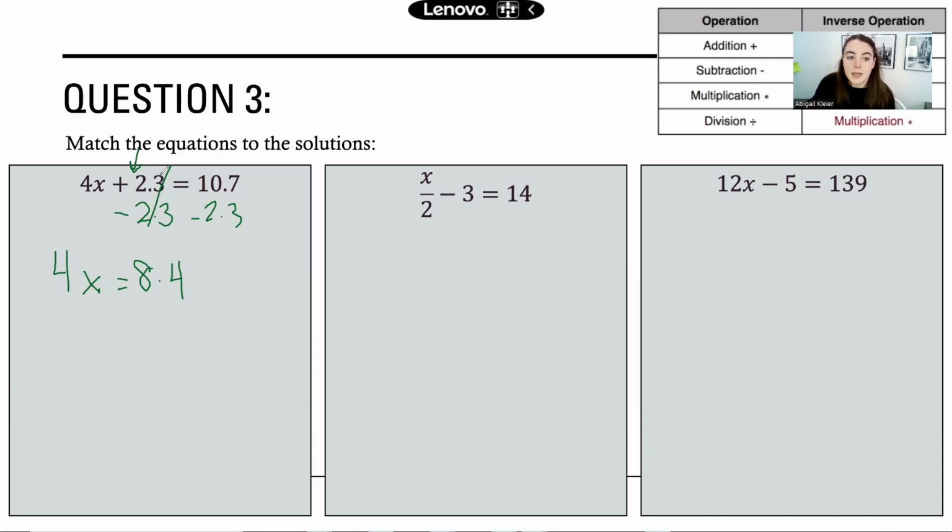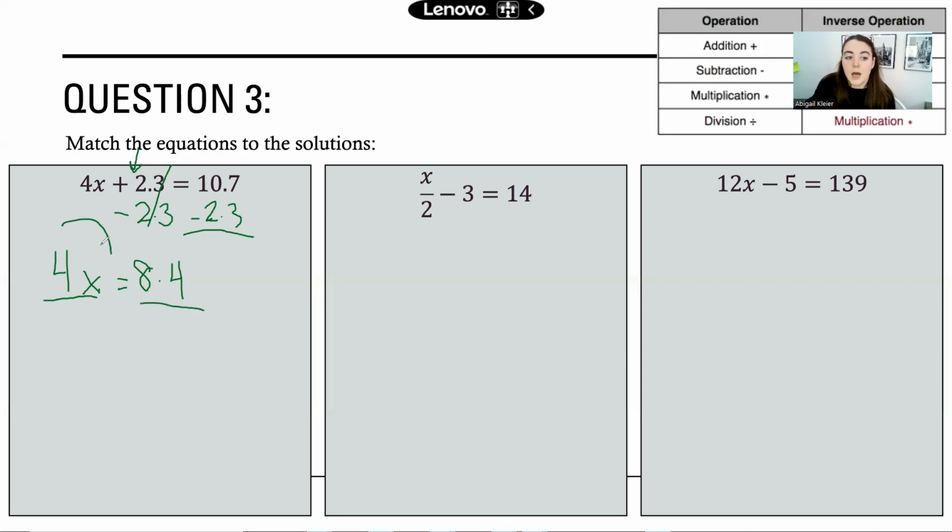I got that by canceling out the positive and negative 2.3, and then I solved the other side of the equal sign, which had 10.7 minus 2.3. Now I have 4x equals 8.4, and this is where I can go ahead and divide.